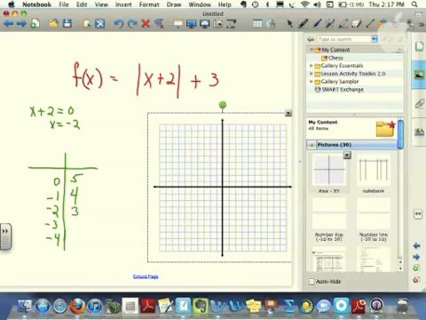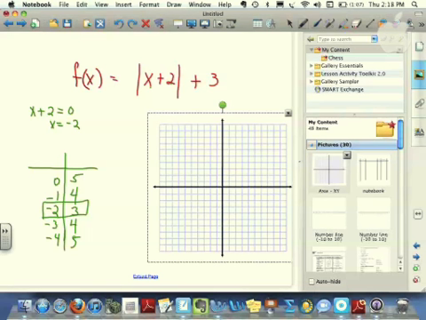Negative 3 plus 2 is negative 1. Take the absolute value, you'll get 1. 1 plus 3 is 4. The absolute value of negative 4 plus 2 is negative 2. The absolute value of negative 2 is 2. 2 plus 3 is 5. Do you see how, once again, it's symmetric around this value where it is 0?